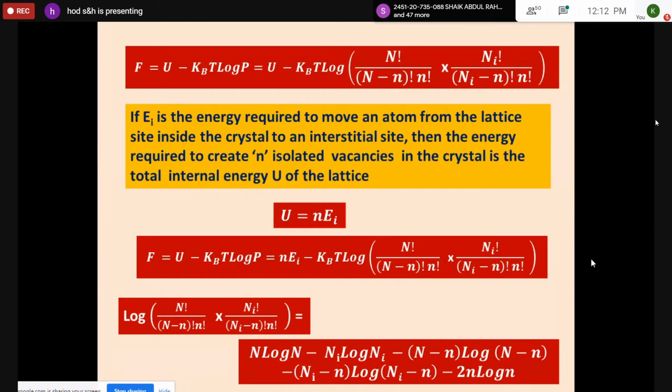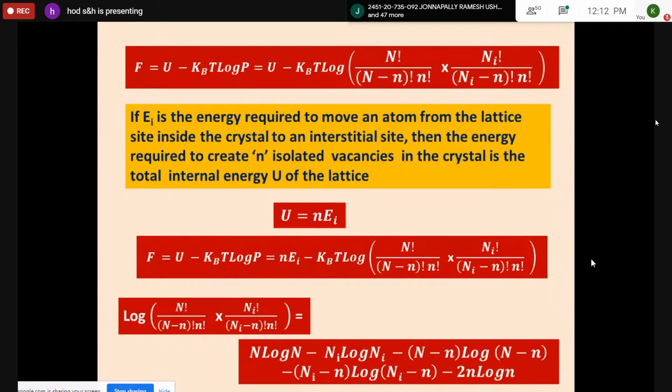So it can be written as log N factorial minus log (N minus n) factorial minus log n factorial, plus log Ni factorial minus log (Ni minus n) factorial minus log n factorial. So in total it becomes minus 2 log n factorial.